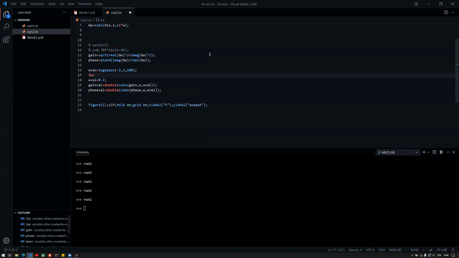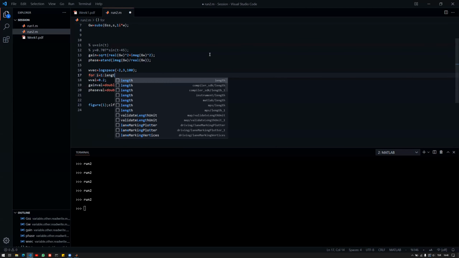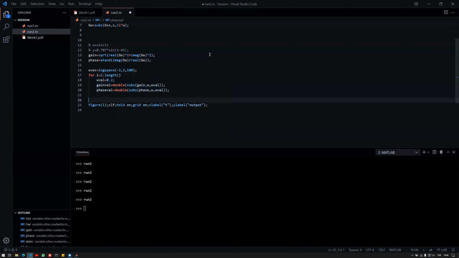Now, I will again repeat the same. I will pick each element, and using each element, I will go ahead and calculate certain gain and phase values. Let's call this gain function and phase function. I've talked about this, but let me repeat myself.